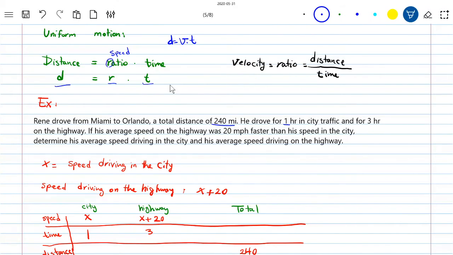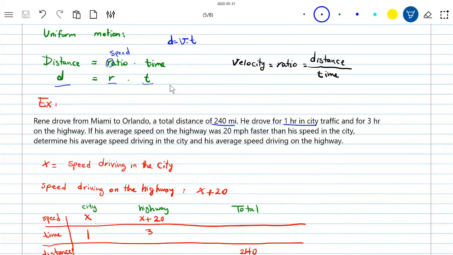He drove for 1 hour in the city and 3 hours on the highway. The average speed on the highway was 20 miles higher than the speed in the city. Determine the average speed. So what we are looking for is the average speed, either in the city or the highway. If you find one, you should be able to find the other.